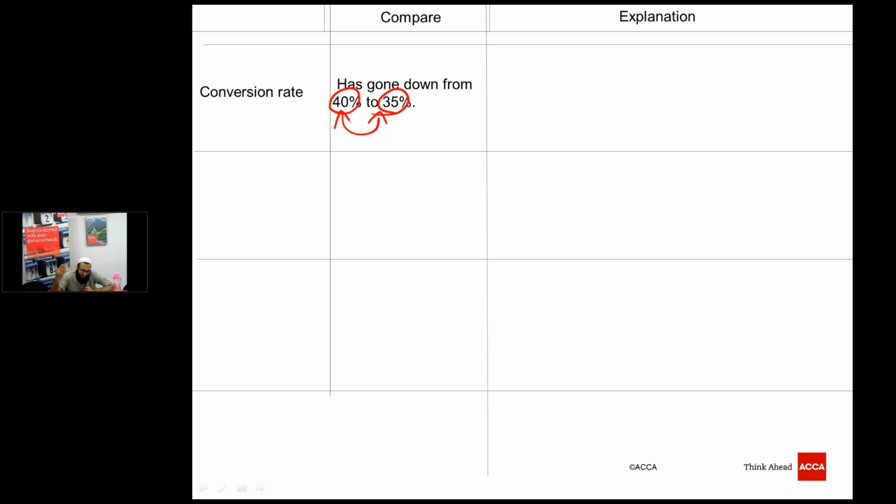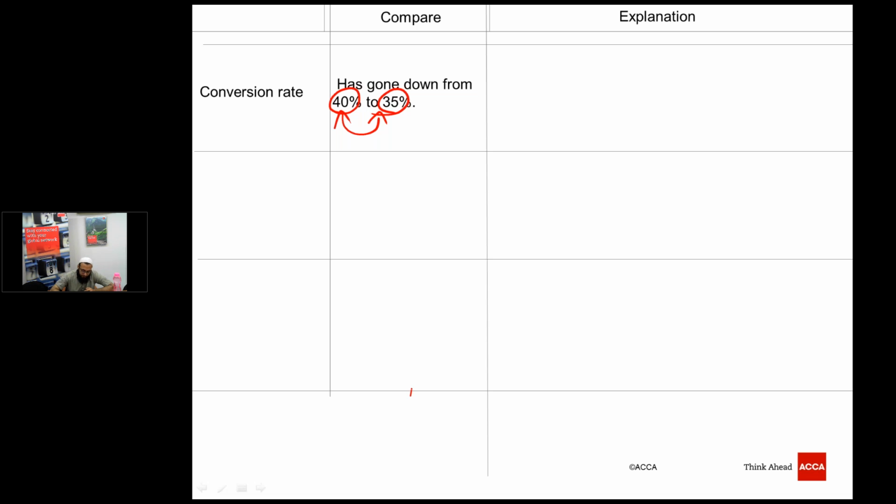Is there any direct reason mentioned in the scenario? No. There is no direct reason given in the scenario.